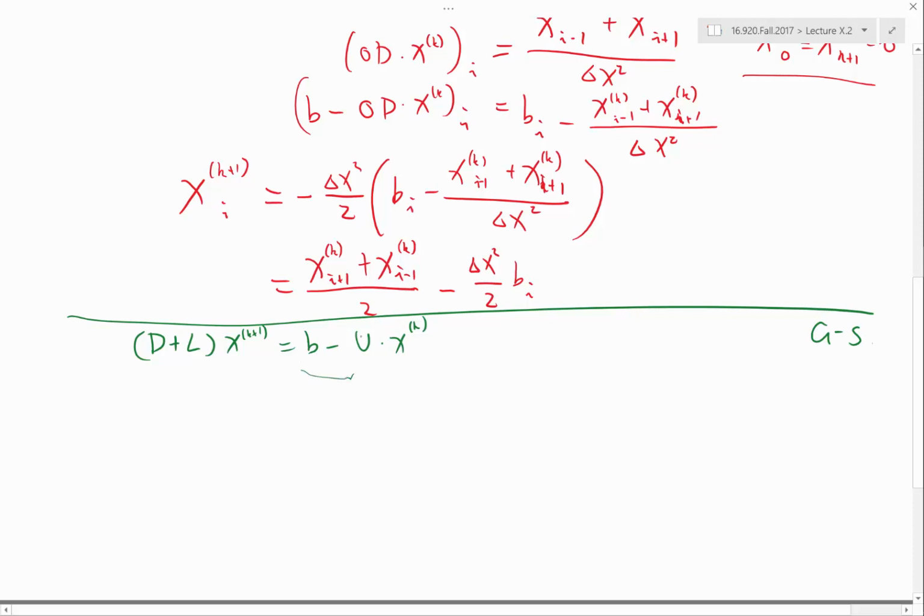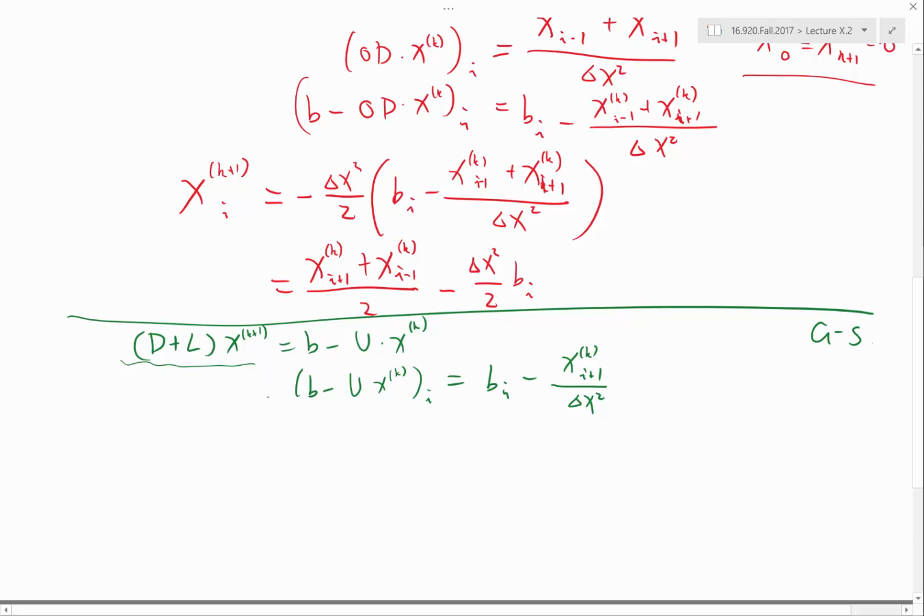Okay, so this at the ith index, b minus U xk at the ith index is just the bi minus delta, yeah, xki plus 1, right? That's even easier. Now the tricky part is, what do I do with that? What we do with that is actually writing it out, right?